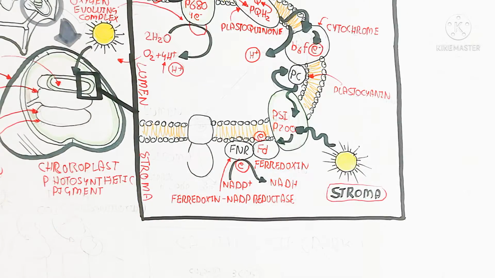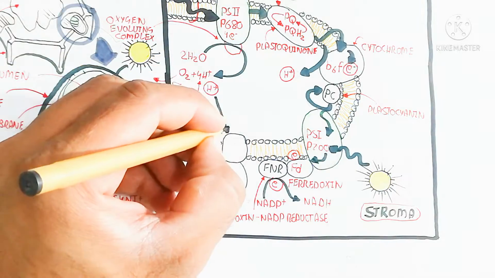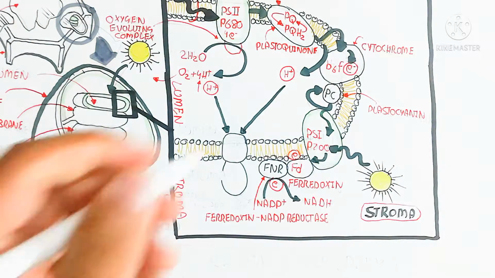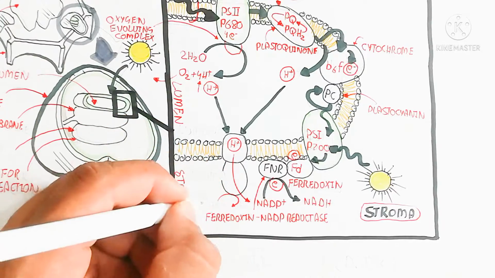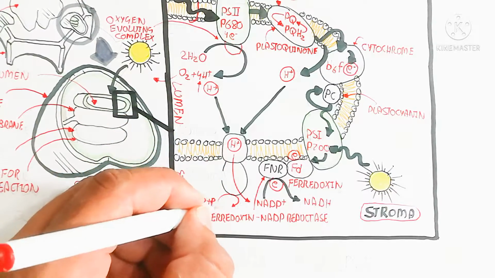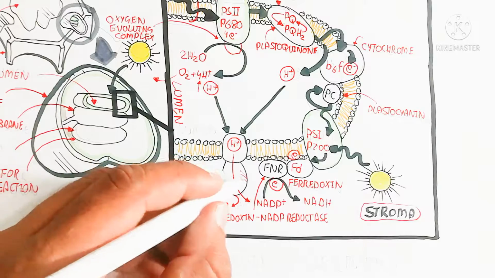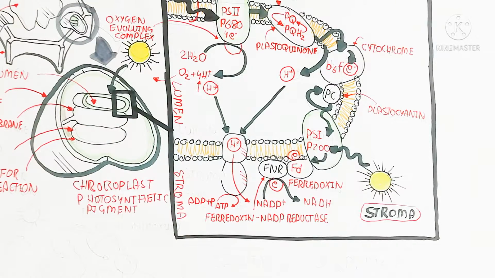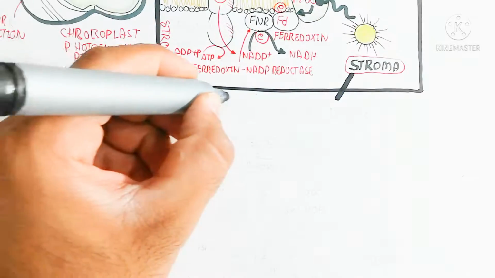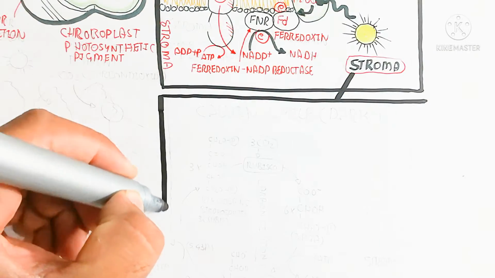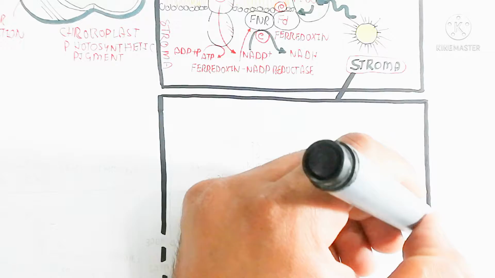The proton comes from the stroma, not from the lumen. The lumen contains a higher number of protons, which are pumped out through the ATP synthase enzyme. It is a channel-like structure containing F0 and F1 particles. Four protons are pumped out, and due to the proton gradient, ATP is produced.